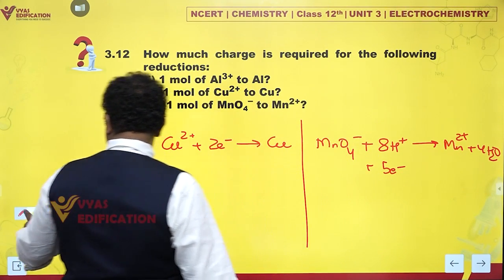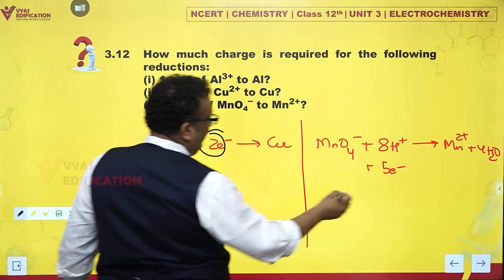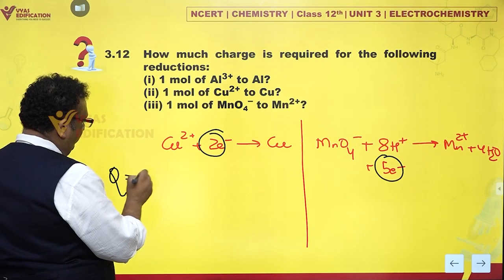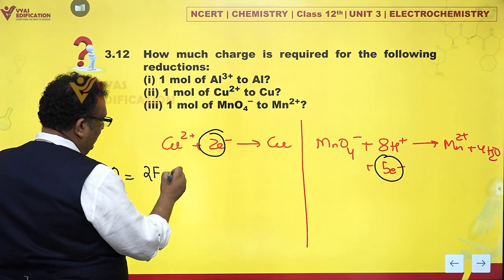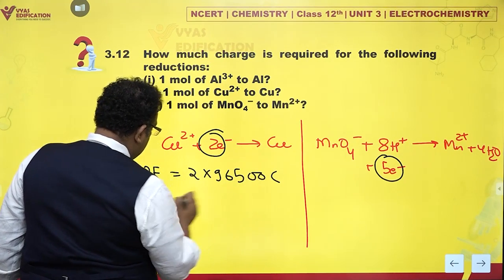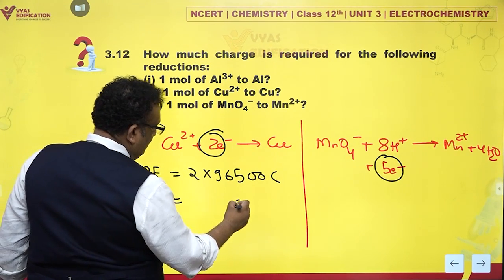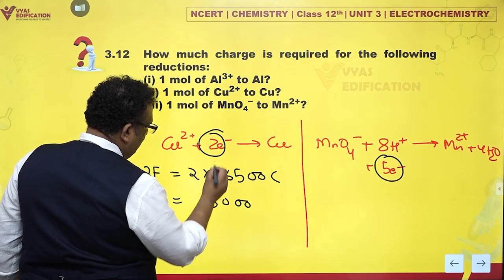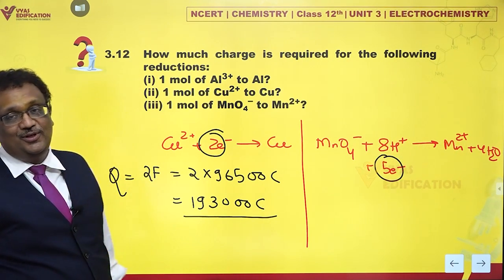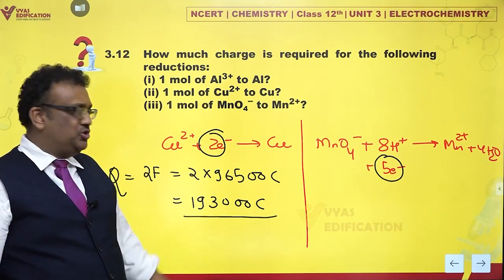So, at one place I have 2 and at one place I have 5 electrons. What about charge? Charge Q will be 2 Faraday, 2 into 96500 coulombs, which is 1,93,000 coulombs. Huge charge.